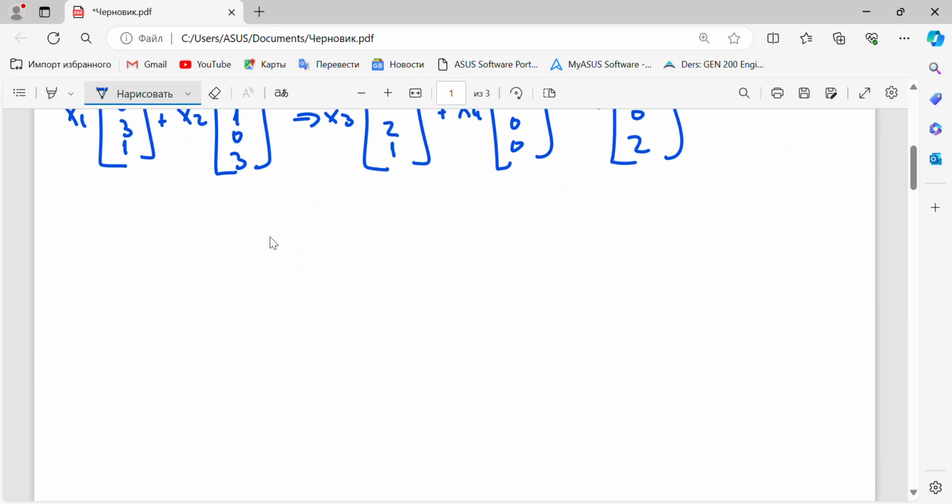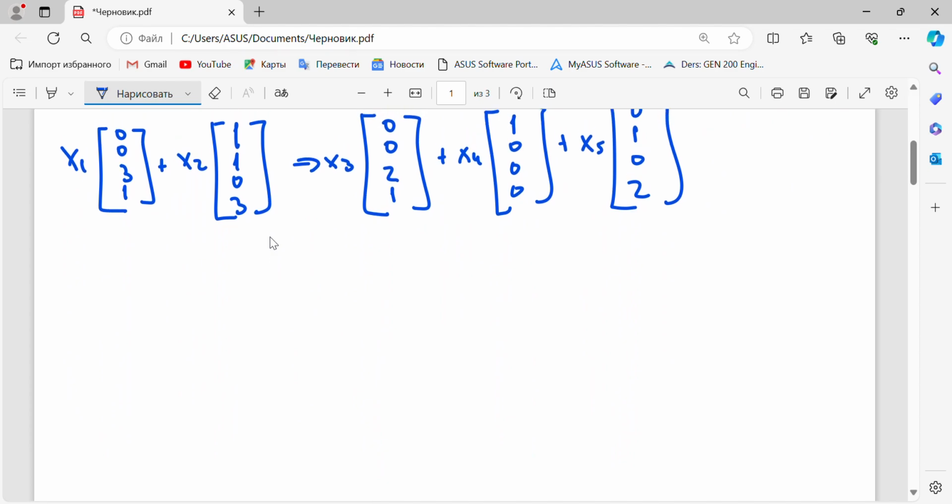So for easier computation, if we want to combine all those matrices into one matrix, we have to move all those three matrices from the right side to the left side.